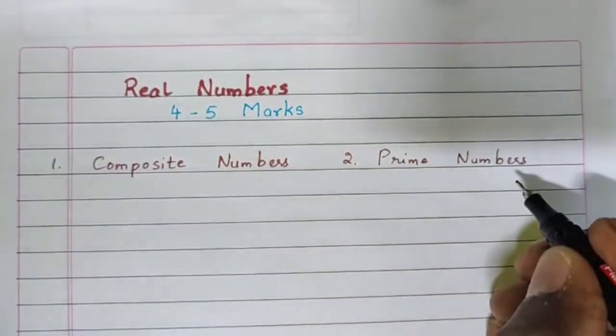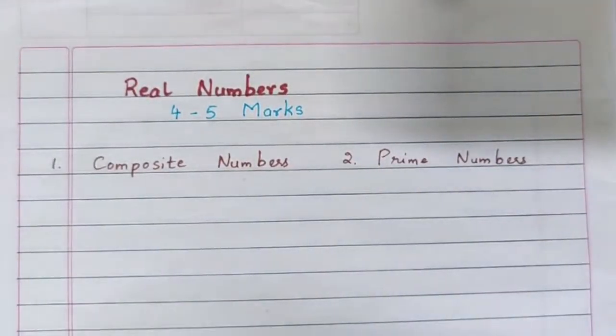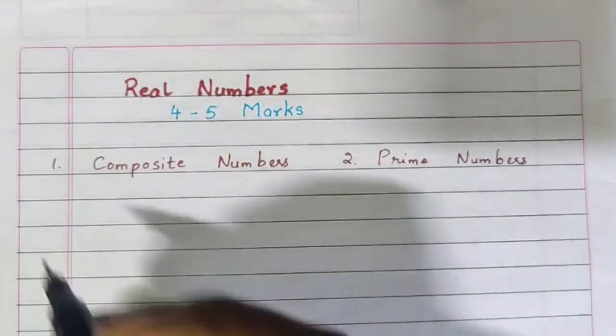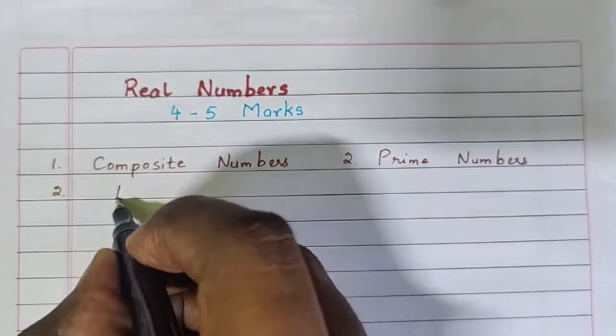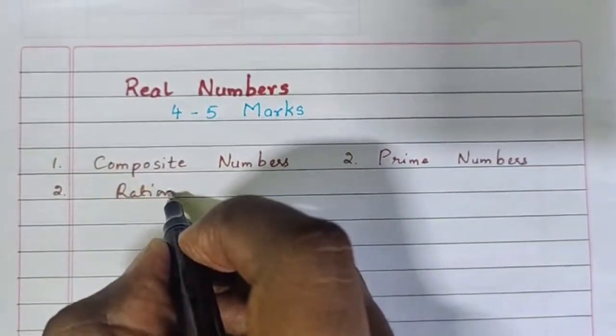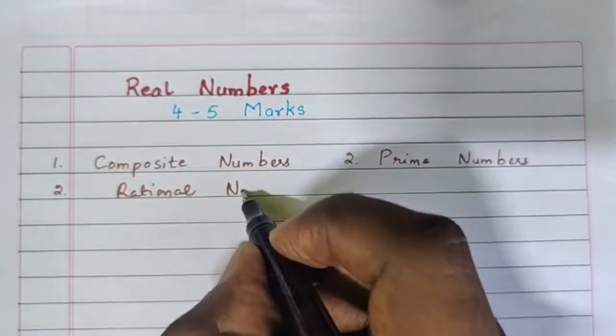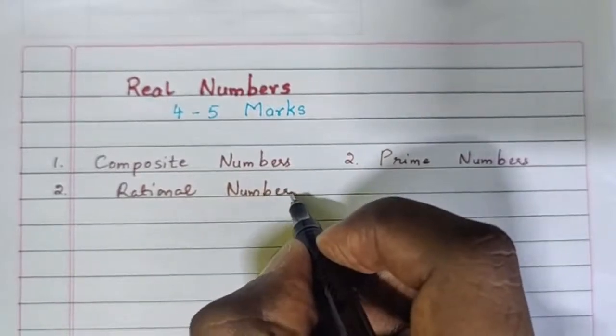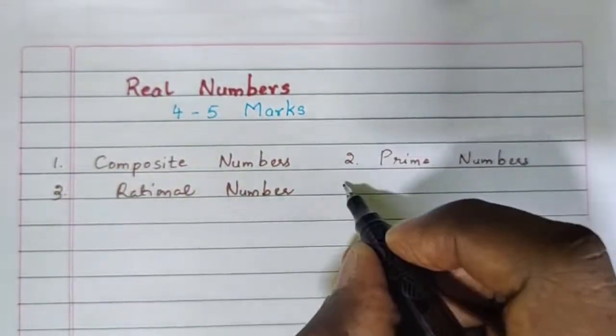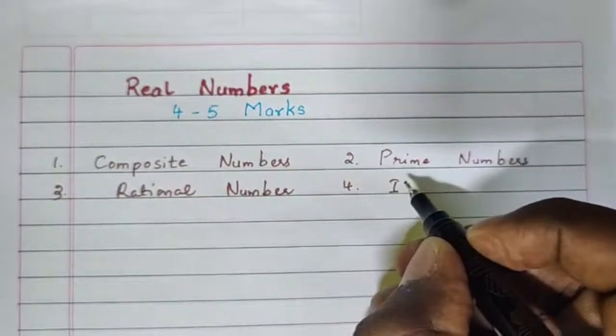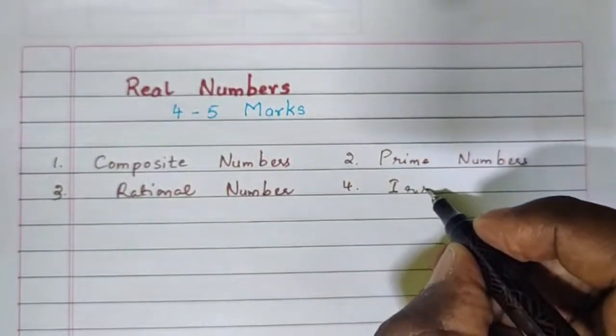So what are prime numbers? The numbers which have factors 1 and the number itself. Next, rational number definition. It will be asked in 1 mark. Rational number and irrational number.